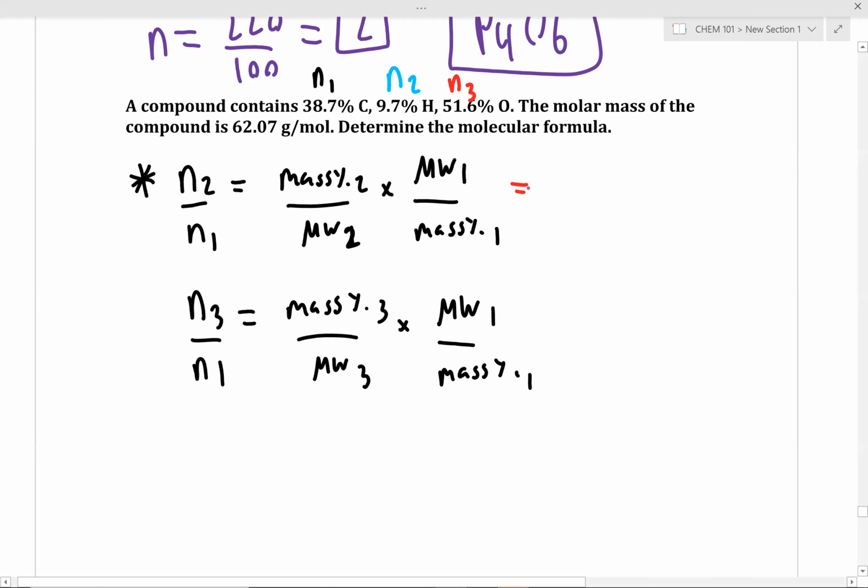Okay, so N2, which is hydrogen, let's now plug in the mass percentage of hydrogen, which is 9.7%. We're then going to divide by the molar mass. And what is the molar mass of hydrogen about? Yep, 1.008. Okay, perfect.